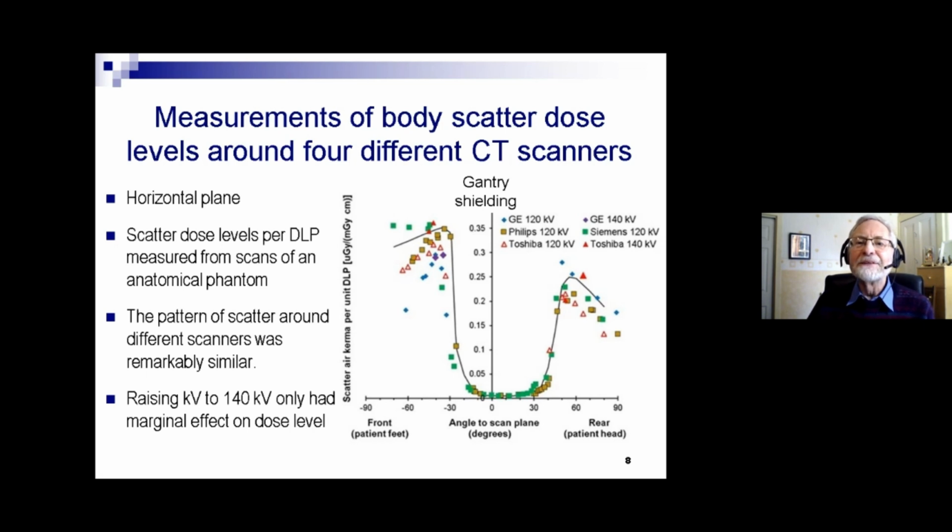The dots, in different colours, show different scanners, and we looked at all the main manufacturers, Philips, Toshiba, Siemens, GE, and also we looked at 140 kV, just a few dots at 140 kV here and here, but there didn't seem to be all that much difference between 140 kV and 120 kV as far as the scatter pattern was concerned.